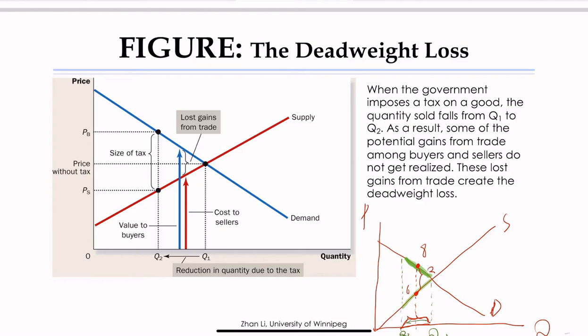If you're a seller, after seeing the tax, and if your supply curve has large elasticity, then the reduction in quantity will also be larger, right? So in the end, larger elasticities imply larger reduction in quantity from the tax, which implies larger deadweight loss.